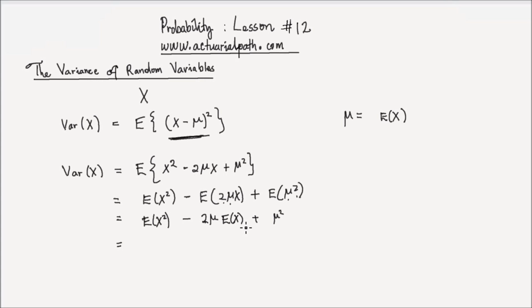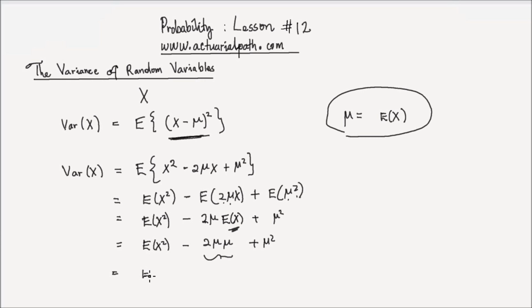And that is equal to, what do I know about the expectation of X? The expectation of X is mu. So we have the expectation of X squared minus 2 mu times mu plus mu squared. But 2 mu times mu is 2 mu squared. So this gives me the expectation of X squared minus 2 mu squared plus mu squared.